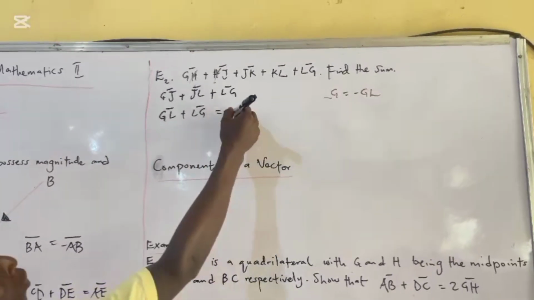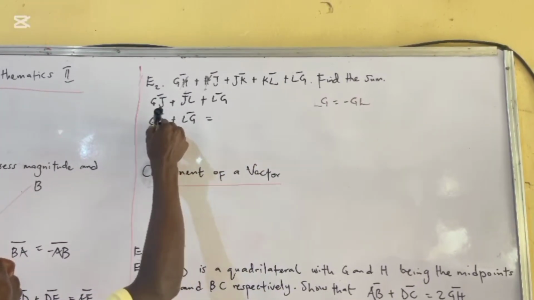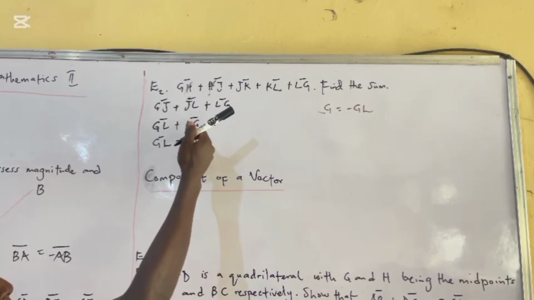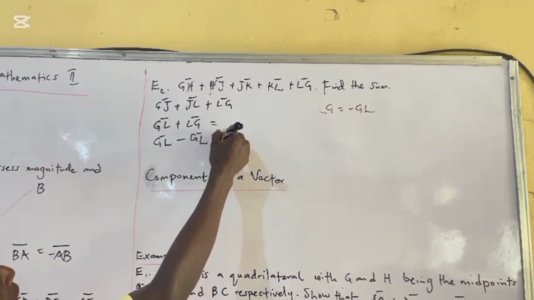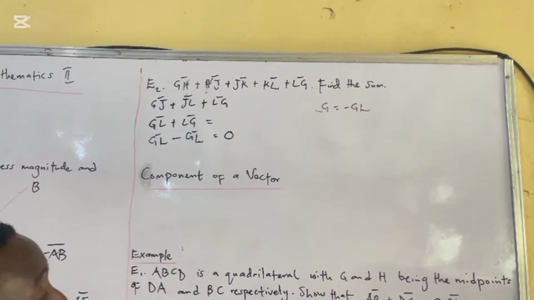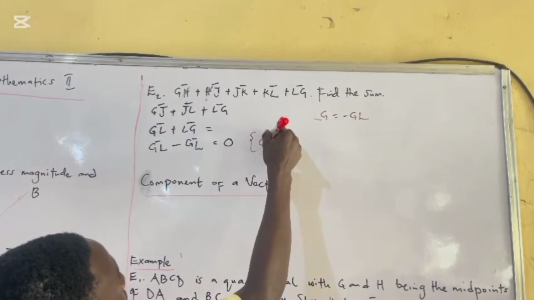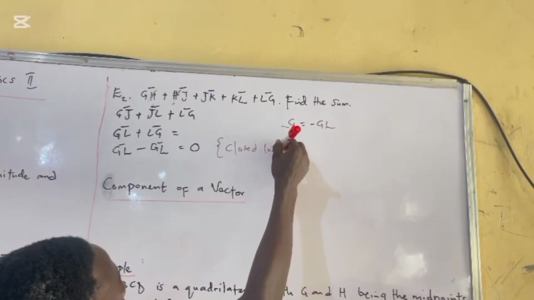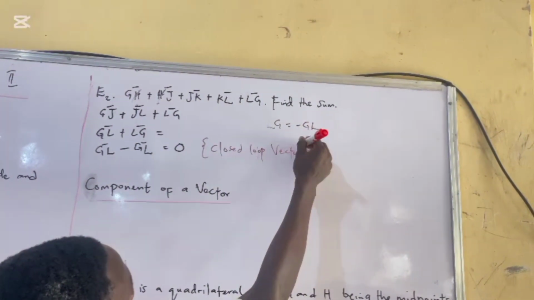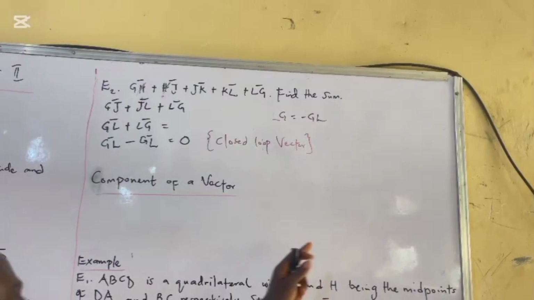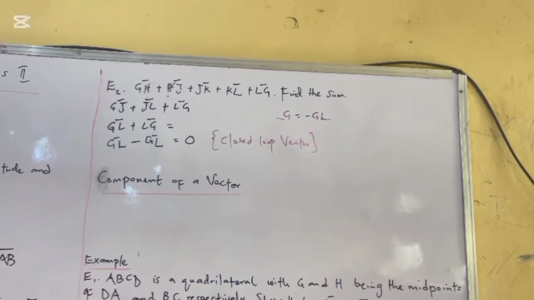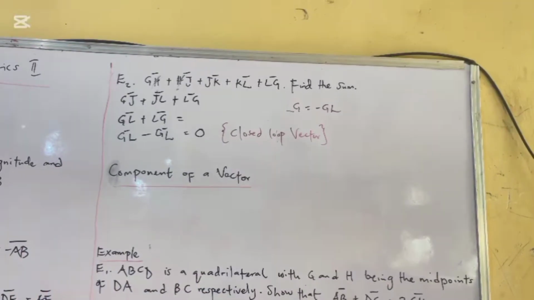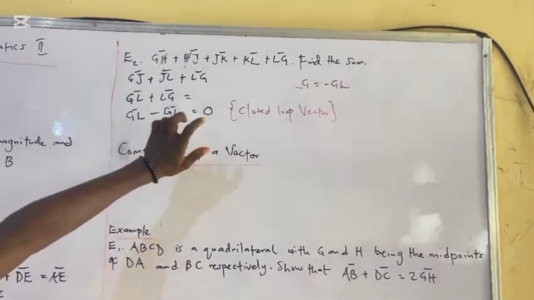So we have GL minus GL, because my plus LG is also written as minus GL, so that will be 0, and we call it a closed loop vector, because it's as if you are going front and you are coming back again. That's just it. You went to the front by 5 kilometers, you came back again by 5 kilometers. You see, there's nothing, it will lead to 0. So that's what we did here.